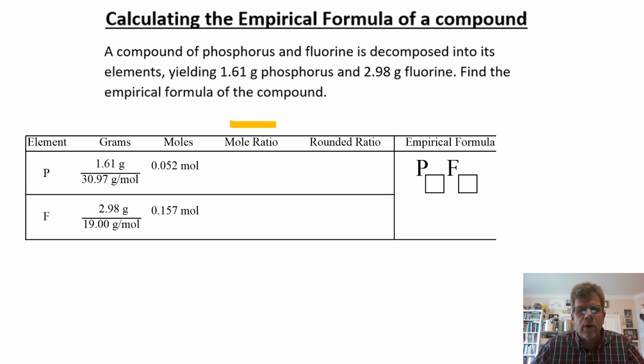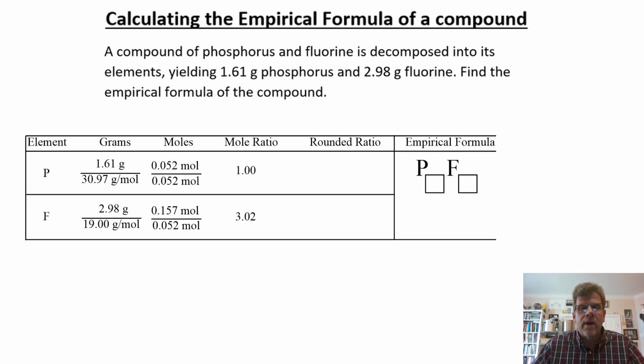This mole ratio is essentially a nice round number comparison between the moles that we see over here. The way to do that is look to your number of moles and divide each of them by the smallest number. We find in this case that the smallest number is 0.052, so we're going to divide both of these by 0.052, and let's see what happens.